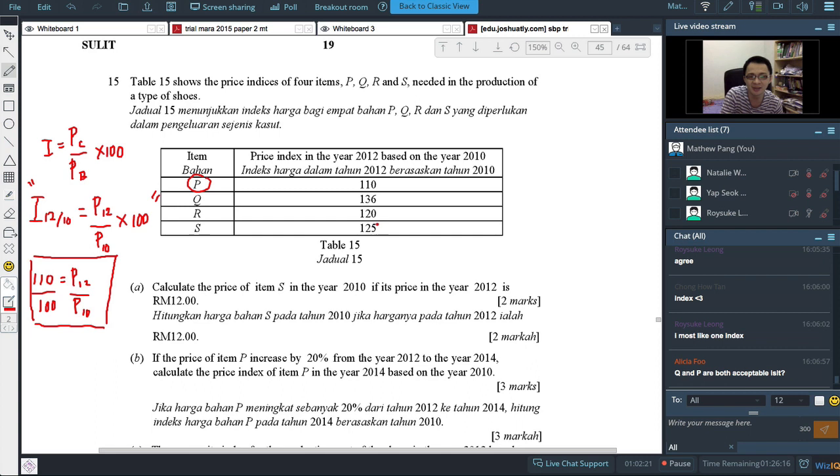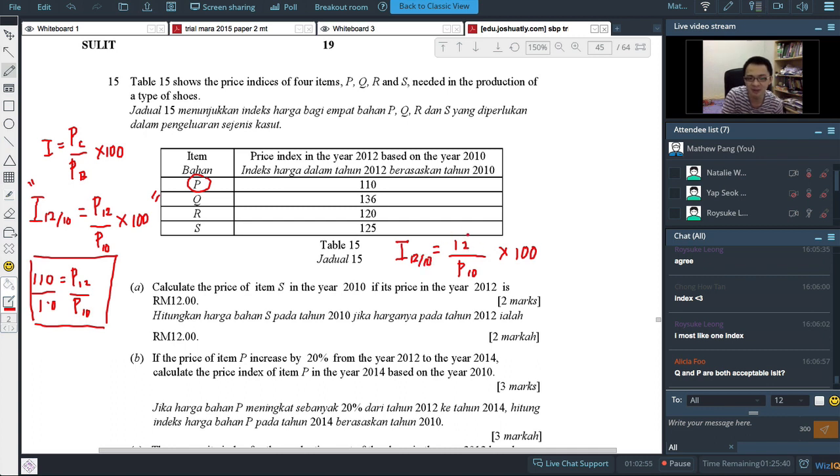So this is 125, which equals the price for 2012, 12 ringgit, over the price for 2010 which you do not know, multiplied by 100. Maybe I write slowly, some students might feel very confused. So this is the index number for 12 over 10.